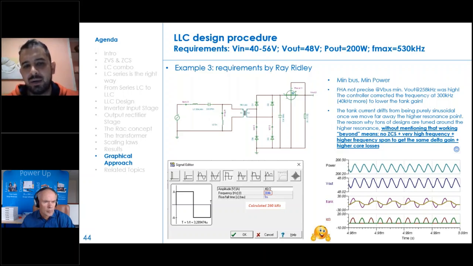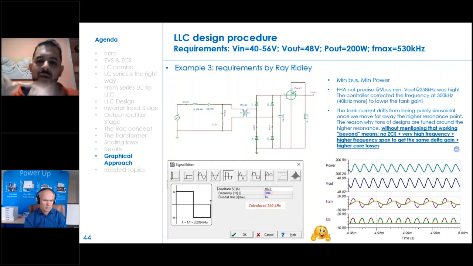Working around the higher resonance gives you a better shape of this tank current that is much more similar to a sinus, much less distorted in respect to this case.